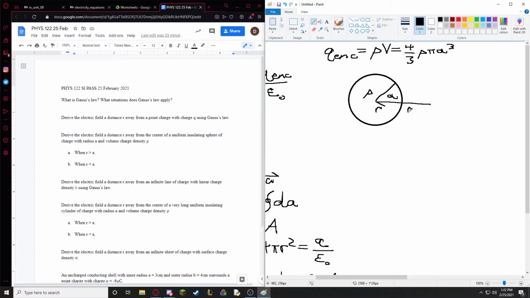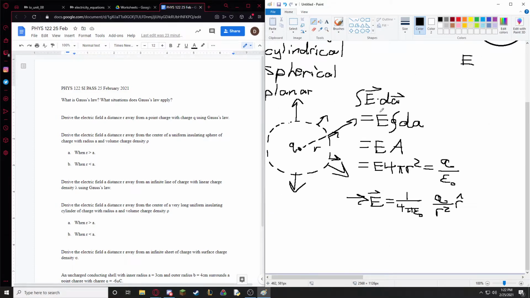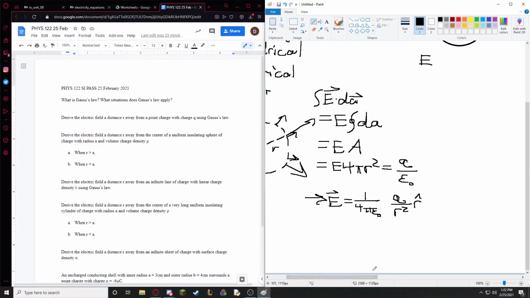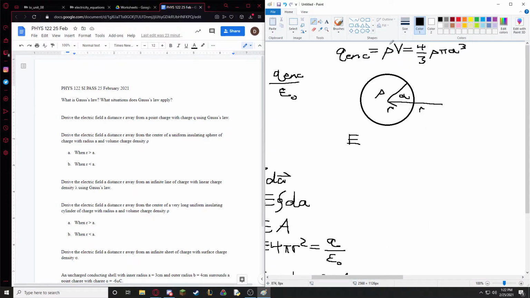So our electric field would be the same thing as down here, except in this case we could have Q in terms of rho if we wanted to. It's just going to be 1 over 4 pi epsilon naught, Q enclosed over r squared, in the r direction, for r being greater than A.